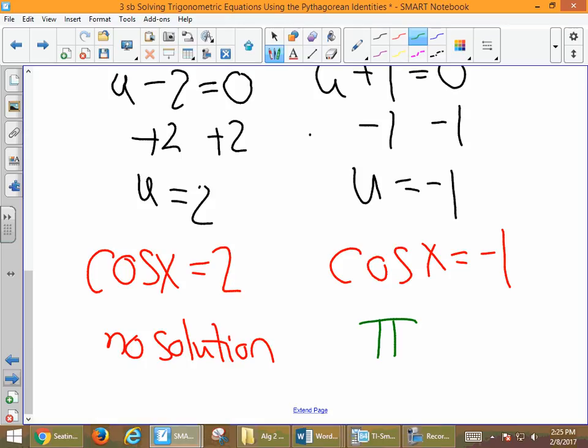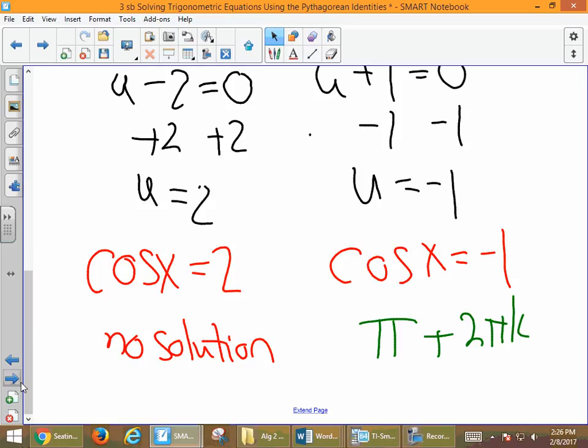If we remember, the instructions asked us to solve for all the solutions and give the general formula. So what do we need to add onto pi to make sure it's all the solutions? Plus 2 pi k. That's because if we were to graph it, pi does not have a partner to make a diameter, so we add plus 2 pi k.